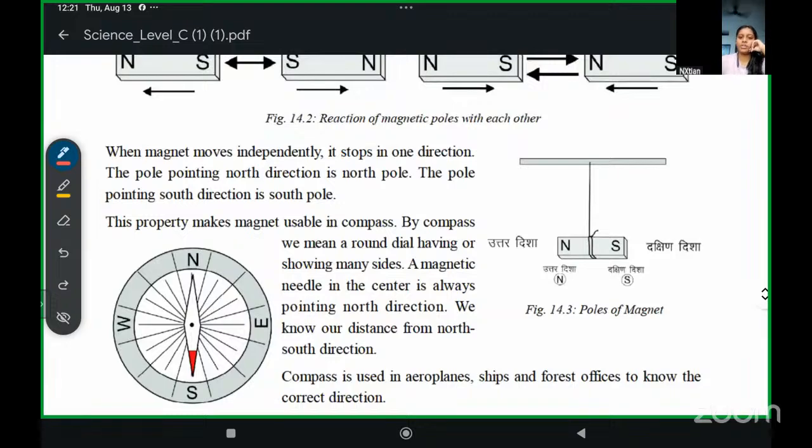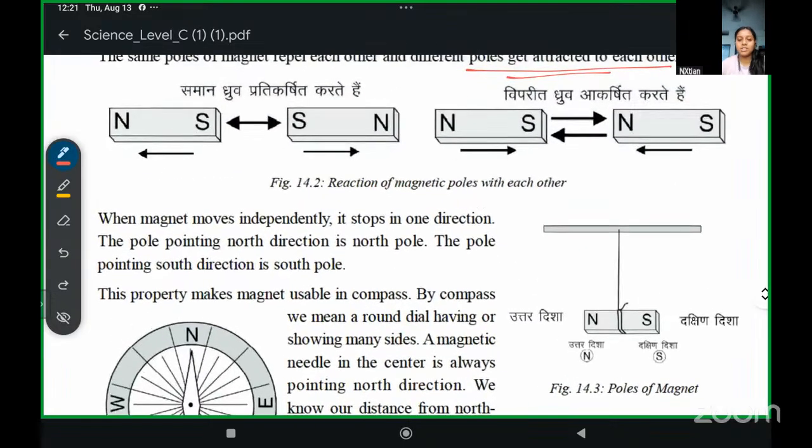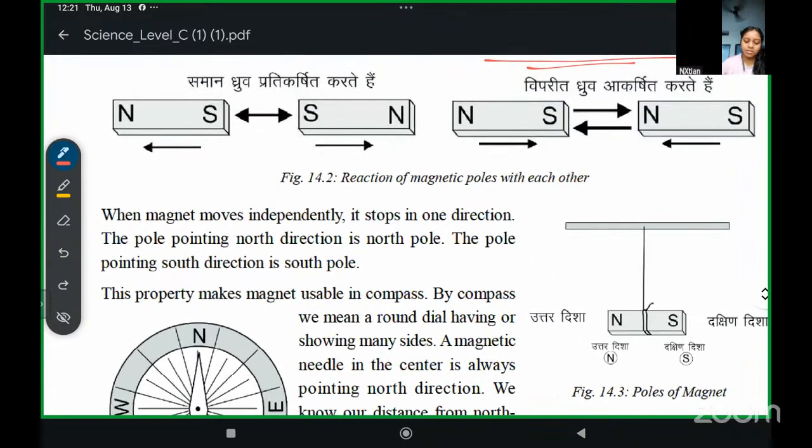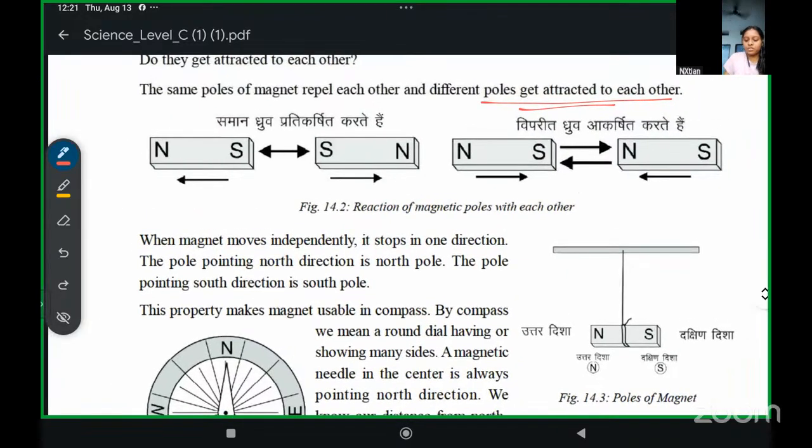All right. So that is the reaction of magnetic poles with each other. The first diagram is of repelling, that you have to prepare.